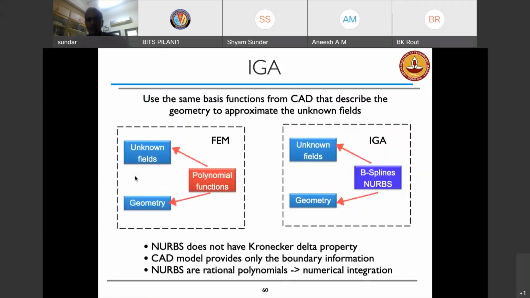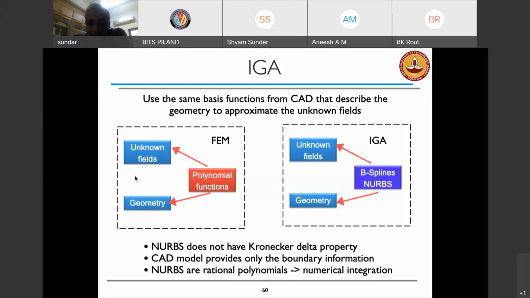So if you want to look at the philosophy, why is it called isogeometric analysis? I think we should go back to the finite element method, which has what is called the isoparametric formulation. Why is it called isoparametric formulation? Because remember we write the shape functions in a parametric space. We denote it by psi and eta, the Greek letters. That is in the parametric space.